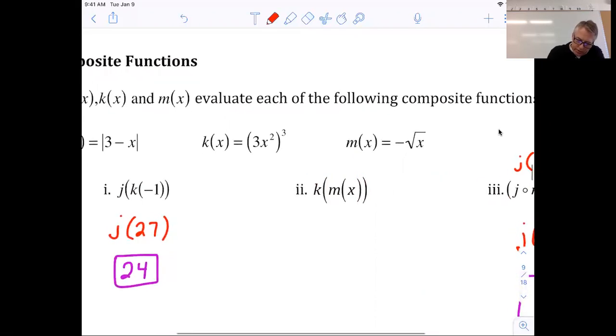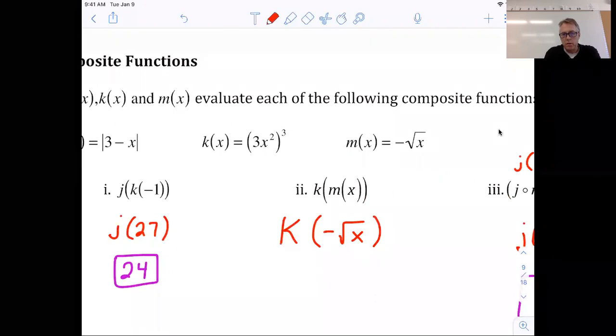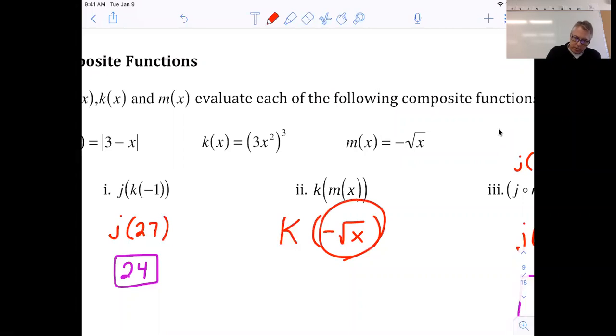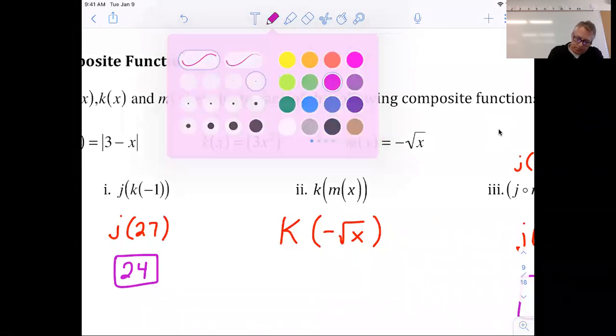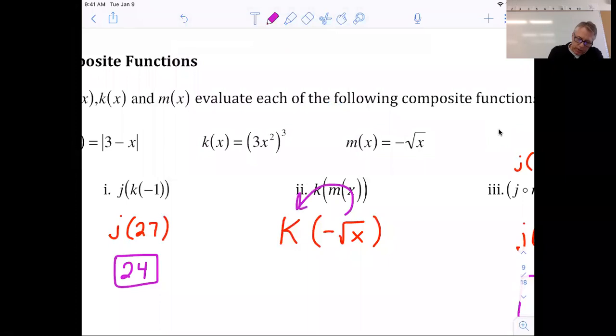So we're going to find k of that, because that is m of x. So I just replaced m of x with this because m of x is that. Now I have to take that negative square root of x and plug it into k.